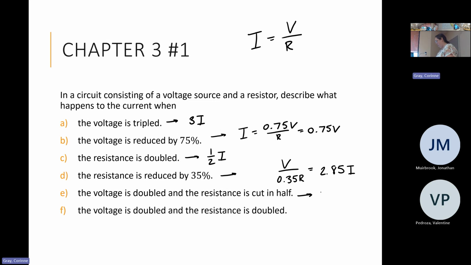How'd you get quadrupled? Yeah. So you divide by a fraction. It's the same as multiplying by whatever's in the denominator. And what happened for F? Yep. Yay. Ohm's law is so fun by itself. All right. Any questions about 1?